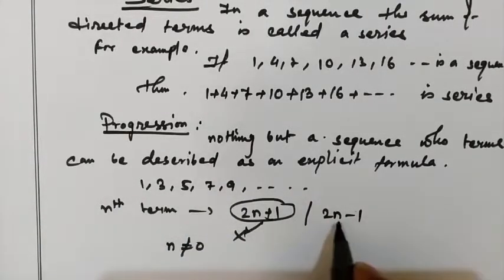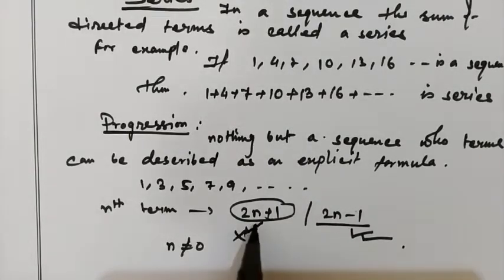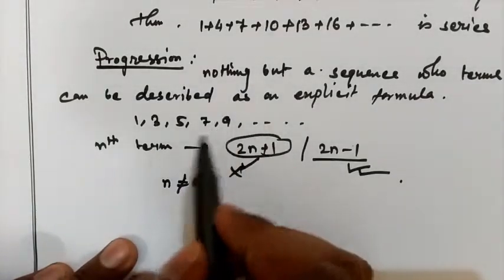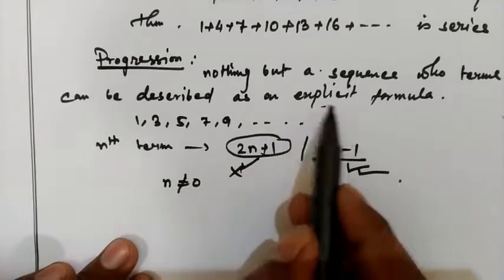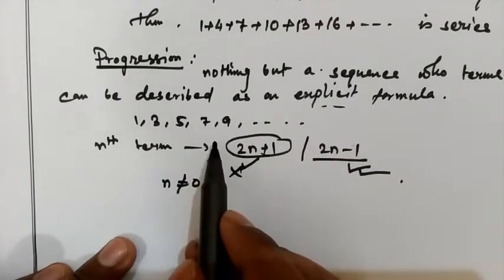Right? So the nth term will be 2n minus 1. Understood why the other will not be accepted? Because n is a natural number and n is not equal to 0. So in this case we can describe this sequence by an explicit formula. So this is a progression.